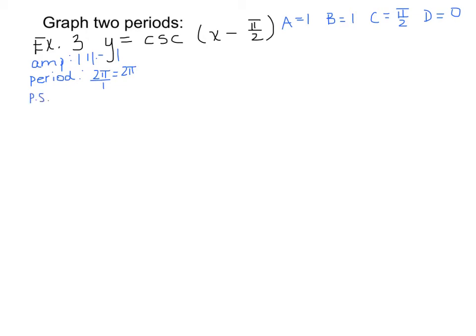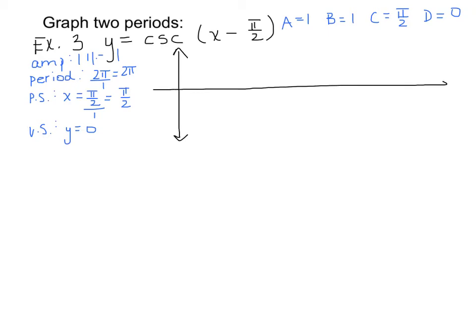My phase shift is x equals C over B, which is pi over 2. And my vertical shift is y equals 0. My max is 1, min is negative 1.